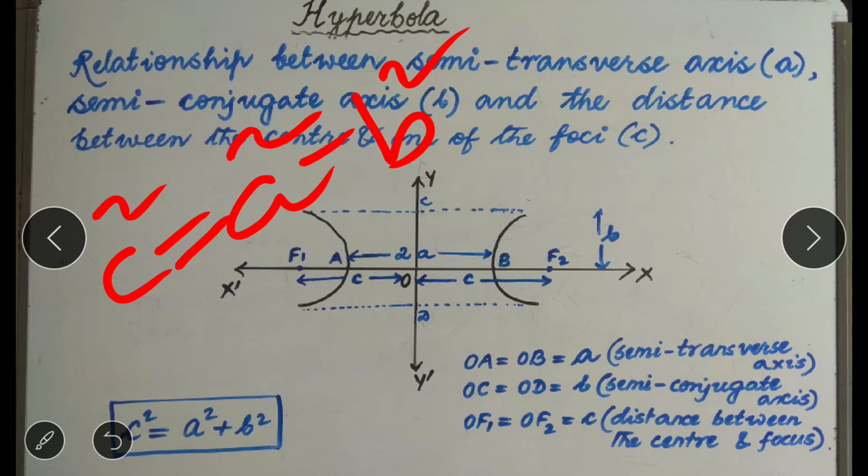Same thing here also, we have a relationship in case of a hyperbola between a, b, c, and the relationship is c square equals a square plus b square. Okay, we need this when we do the sums of the exercise.